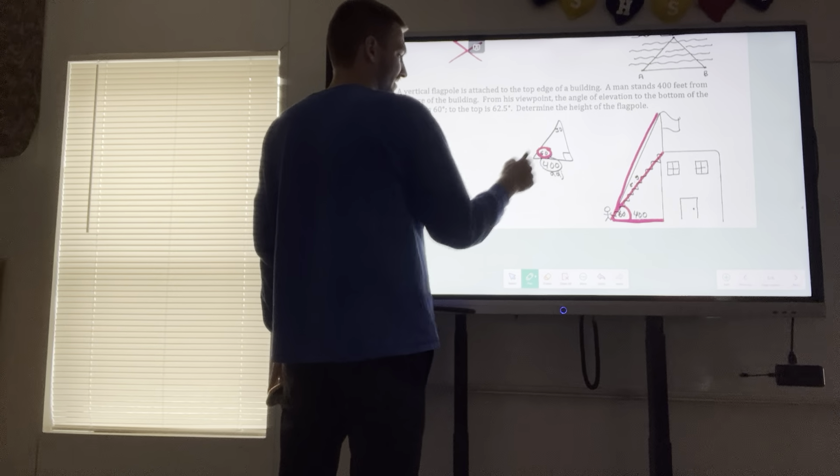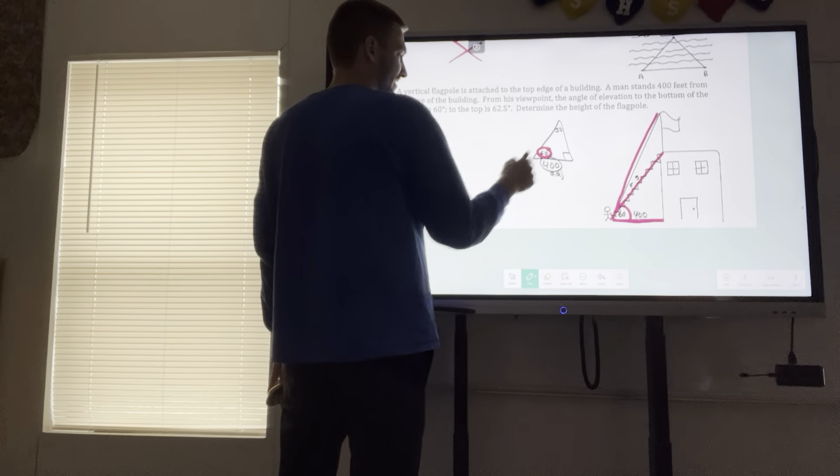We want to try to solve for that h. If we solve for h, maybe we multiply both sides by h to bring the h over to the other side. And then how do we get the h away from the cosine 60? We would want to divide.